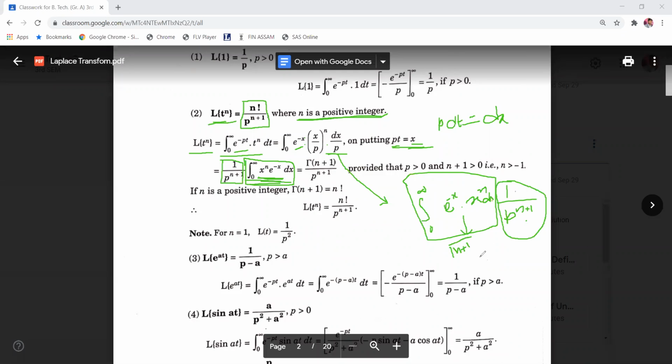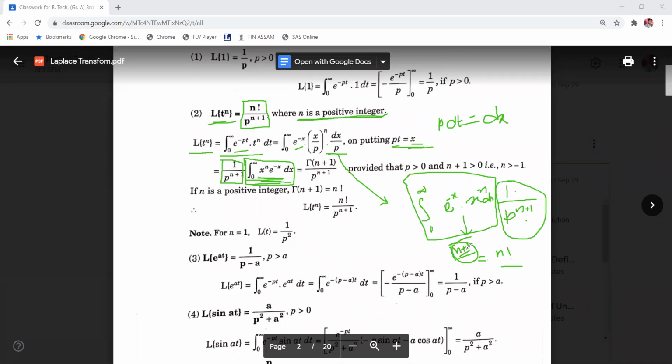And how do we write it in terms of factorial? It will be factorial n. You can write the gamma function in terms of factorial only if it is a positive integer.